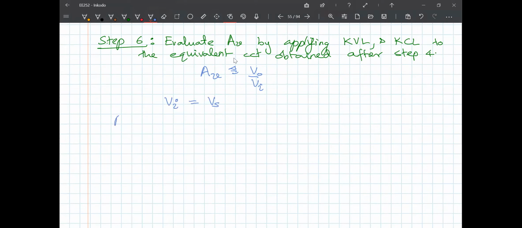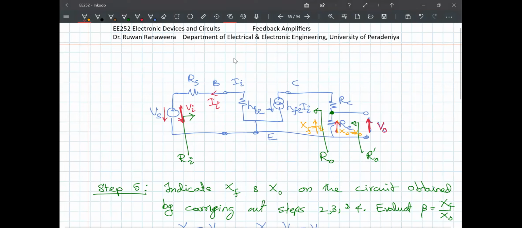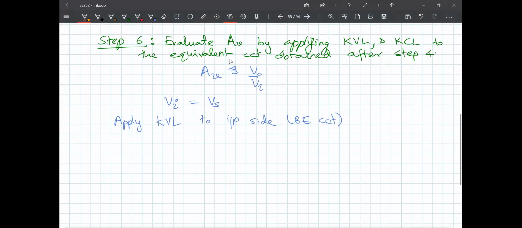Okay, apply Kirchhoff's voltage law to the input circuit side, the base emitter circuit. So I'm going to apply Kirchhoff's voltage law in this loop. This current is equal to this voltage divided by Rs plus Hie, so it's easy to obtain.